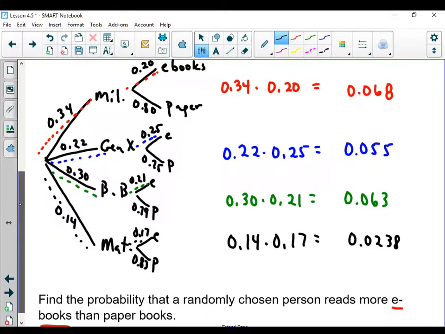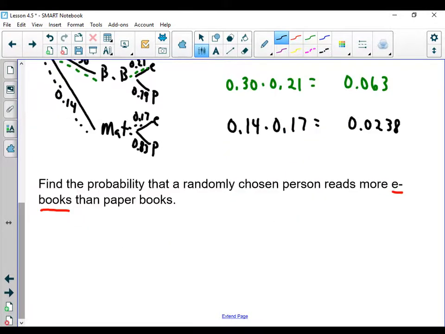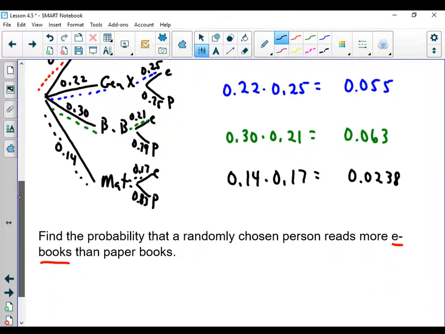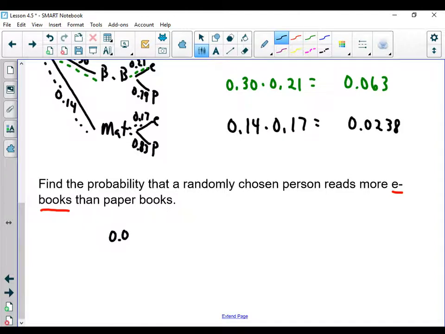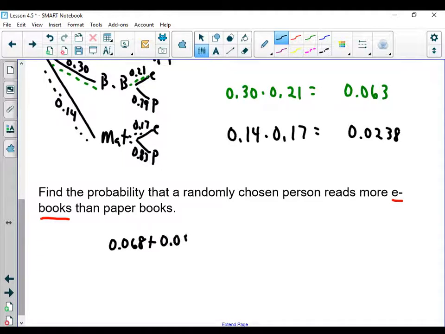So to answer this question, I'm going to put all those together. So I'm going to add up all those different values. So I'm going to add up the 0.068 and 0.055, 0.063, and the 0.0238.